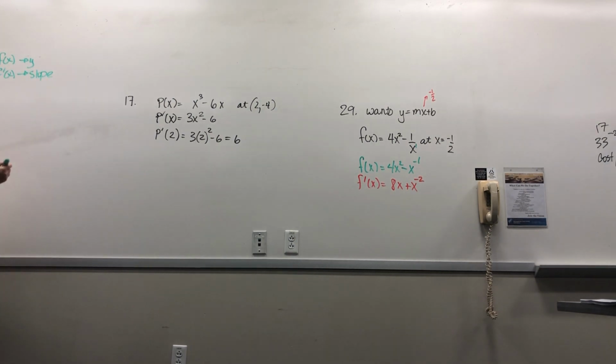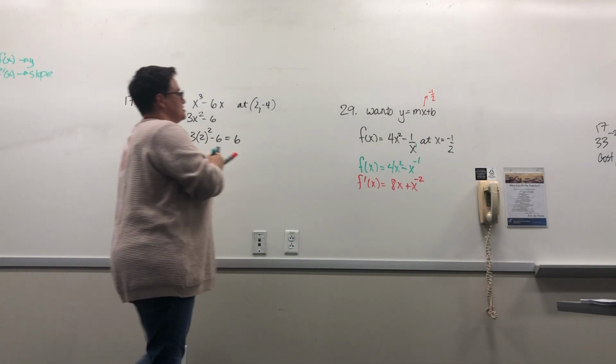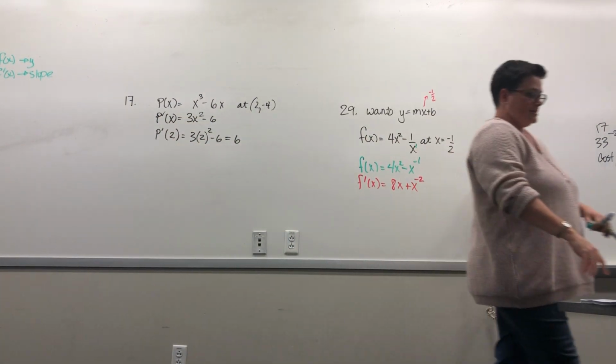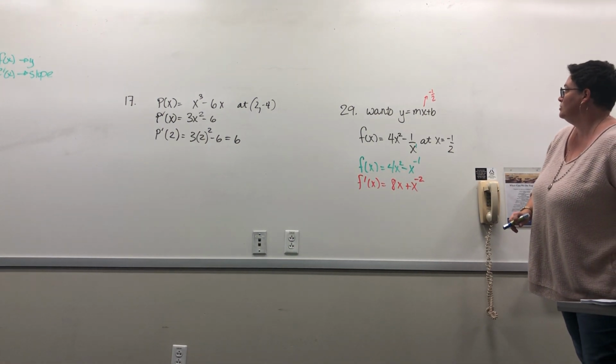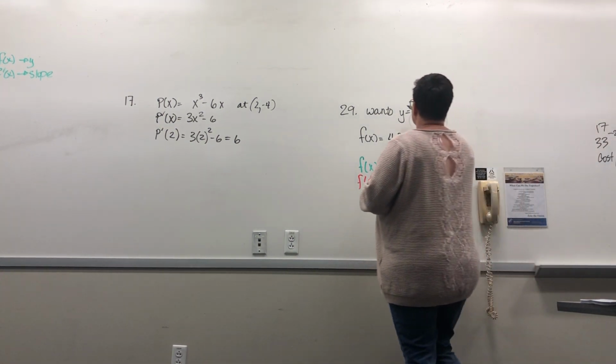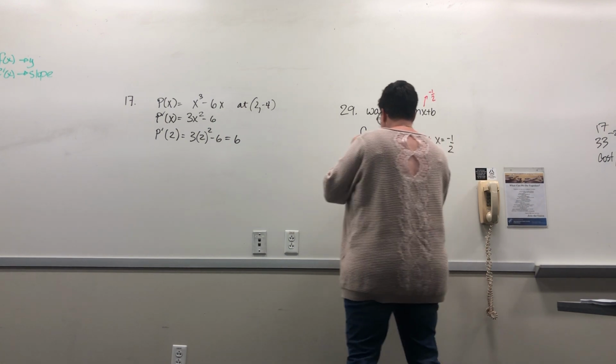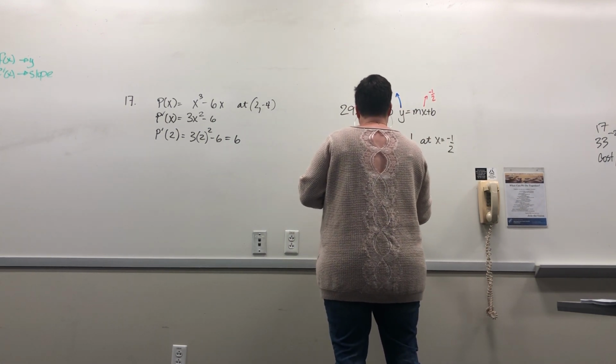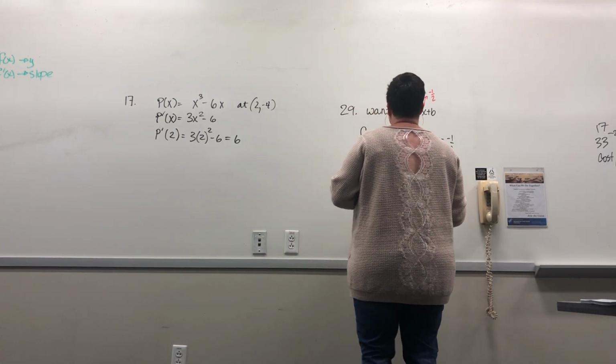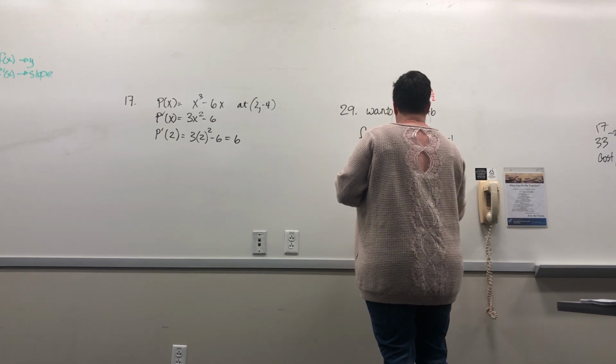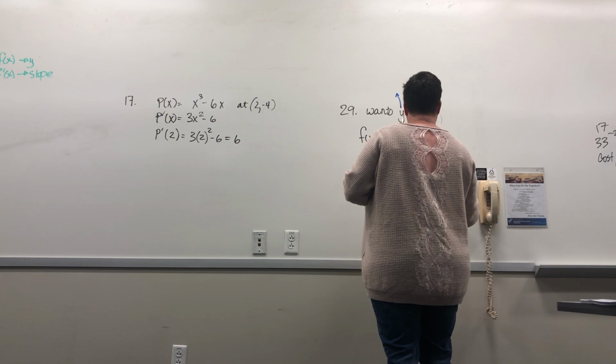So we're going to plug x equals negative 1/2 into our original function. I'm going to do that in blue. So f of negative 1/2 is 4 times negative 1/2 squared minus 1 over negative 1/2.